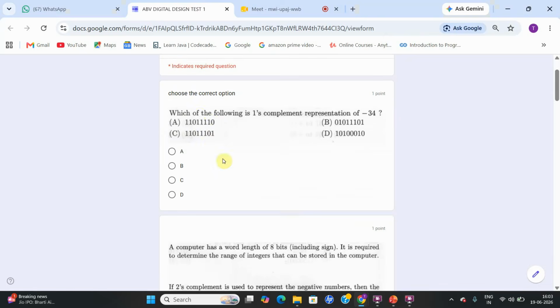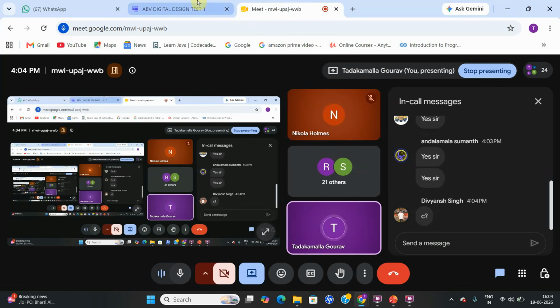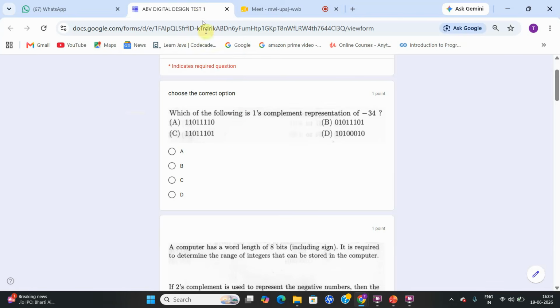So, what was the answer for this particular question, guys? Which of the following is one's complement representation of minus 34? It's a very simple question. Take your time and please let me know. Okay, I got one answer, C. What about others?